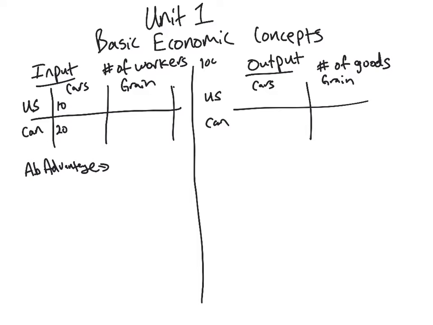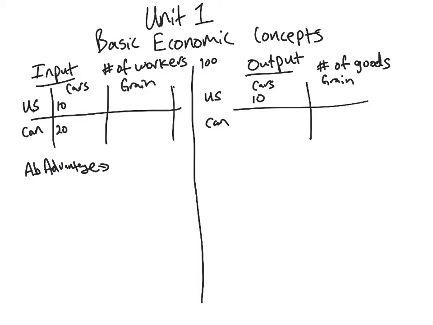If they have 100 workers, the U.S. could produce 10 cars, right? The U.S. could produce 10 cars if it had 100 workers, because it takes 10 workers to produce a car.